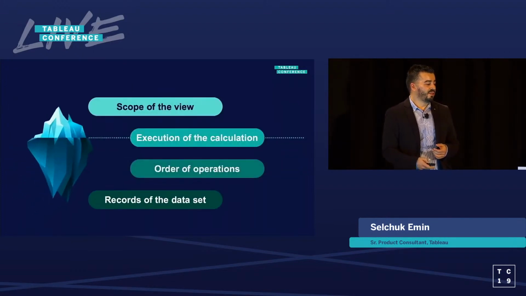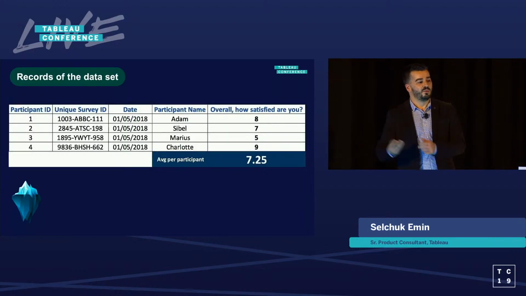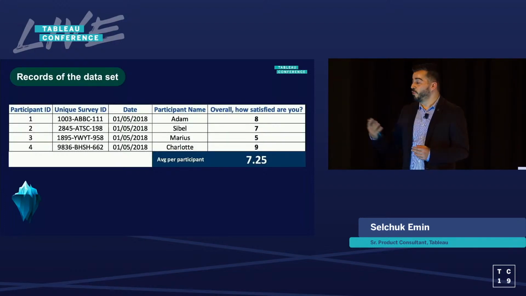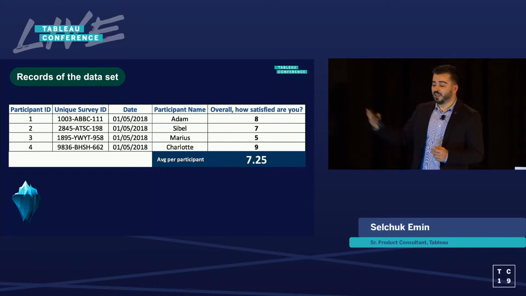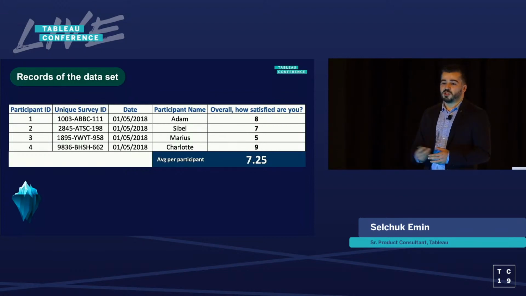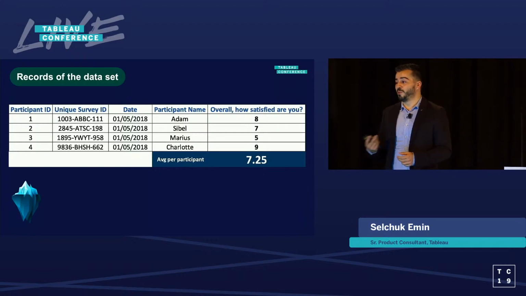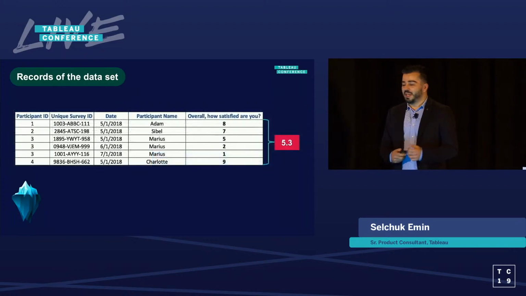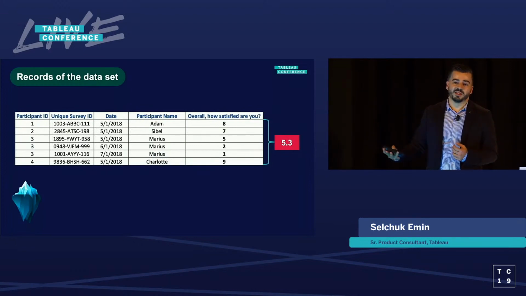So let's start with the records of the data. This is a very simple data set, which is about a survey with 4 participants. Because every record is actually a unique participant with a unique survey, the average that we see on the screen is the average score of satisfaction rate by participant. Well, it becomes a little bit different within this data set. It's actually the same data set, but we'll look at it, let's say, 3 months later.